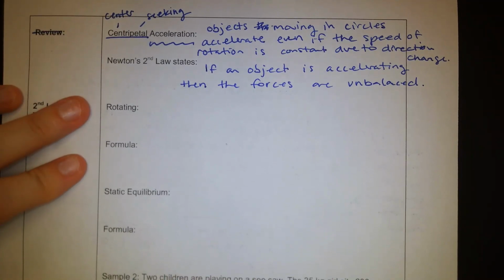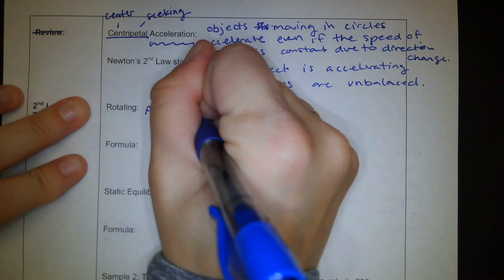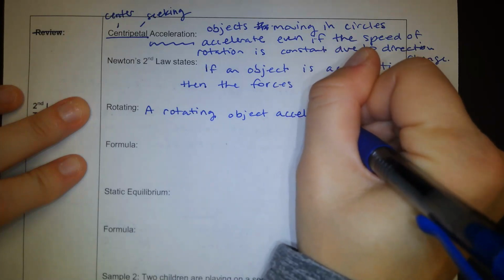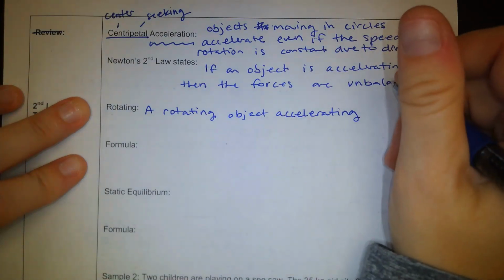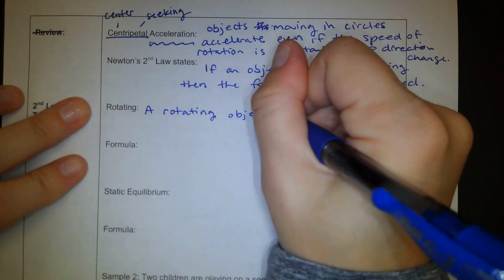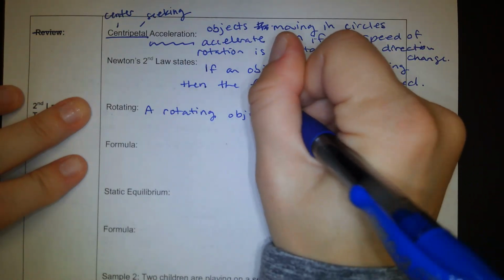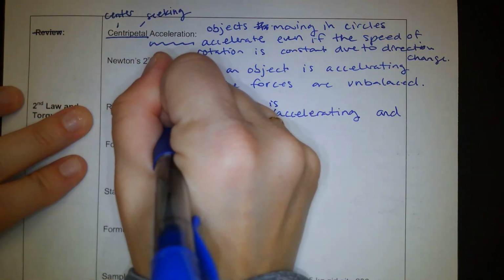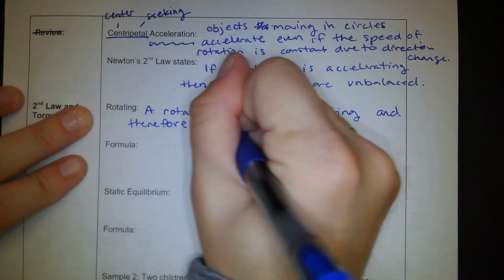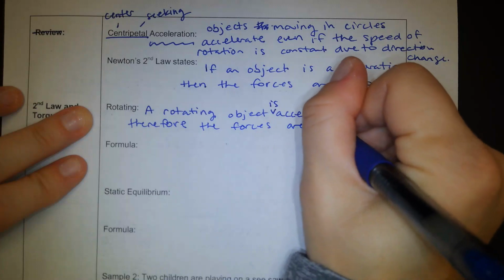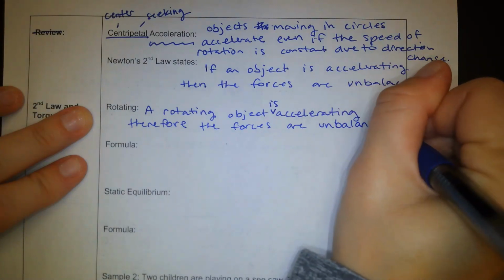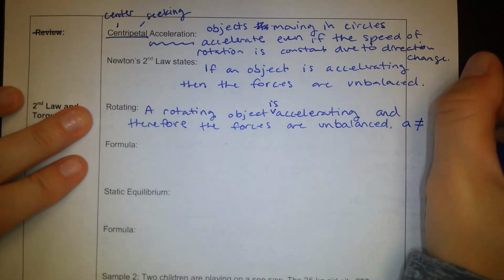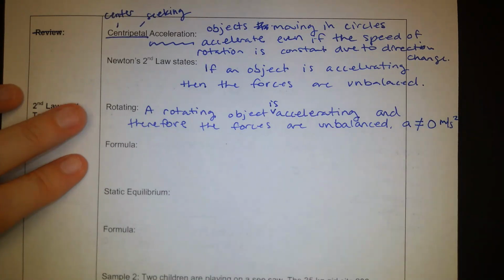Second law in torque, rotating: a rotating object is accelerating, and therefore the forces are unbalanced. So my acceleration would not be equal to 0 because we're changing directions.